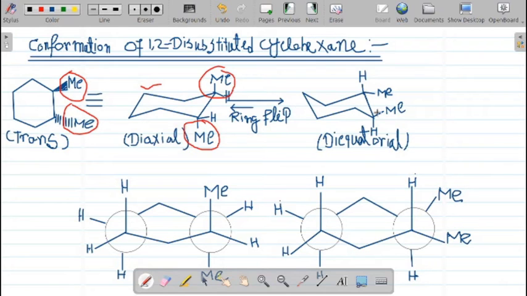And there will be another conformation which is more stable than this diaxial conformer, where both methyl groups are present at the equatorial position, and this is known as the di-equatorial conformer. In the trans conformation, either the two methyl groups are present at the axial position, or both methyl groups are present at the equatorial position.